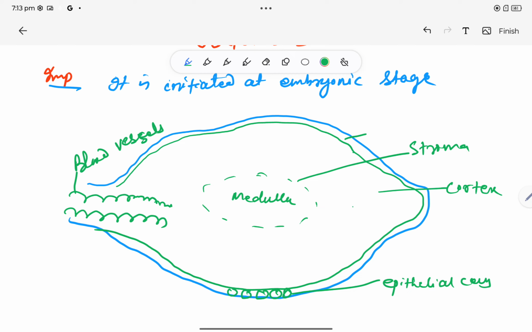Okay. So as the process of oogenesis takes place, we see the oogonial cell at different stages, like the primary follicles, then the secondary follicles, tertiary follicles. I will tell you what these follicles are. Let me first draw it.